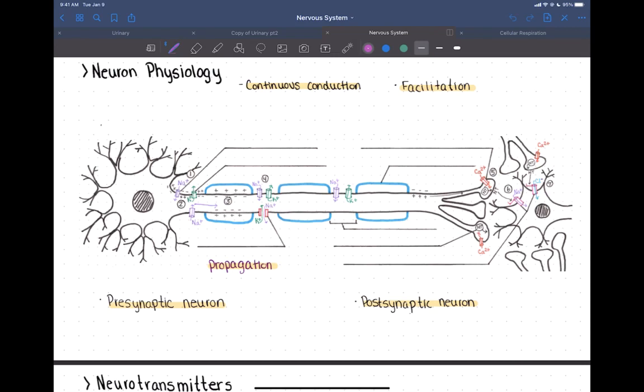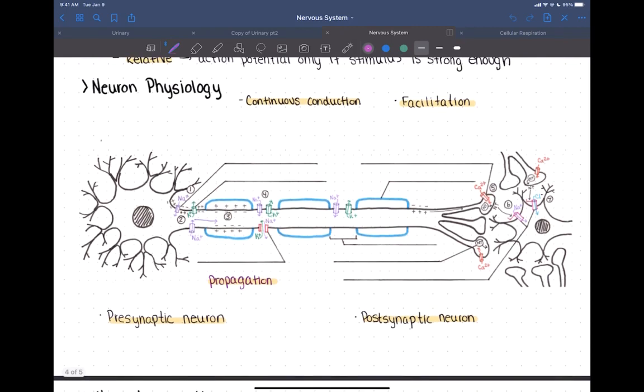With neurons, we can have either continuous conduction, or we talked about last time saltatory conduction. Saltatory conduction would be, if these are our myelin beads, that information would jump from one node of Ranvier to the next. So that's saltatory conduction.